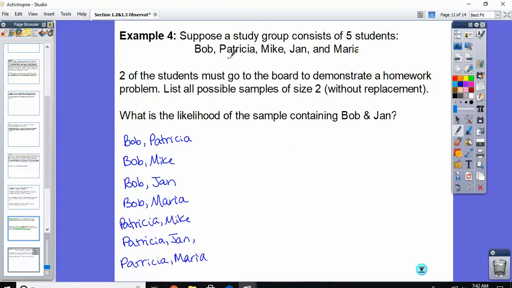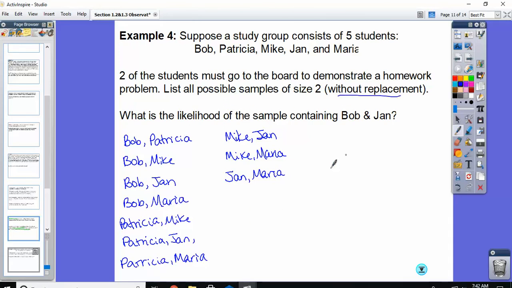Okay, that's every combination including Bob and Patricia, so we can do Mike and Jan, or Mike and Maria. The last combination would be Jan and Maria. So that is every possible sample of size 2.